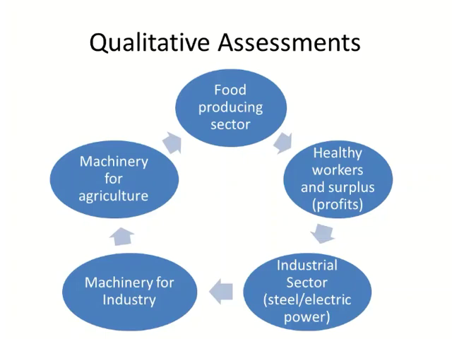So they understood very early the need to tie those two things together. Of course, the industrial sector, the basic steel and electric power, is going to give you machinery for industry, but it's also going to give you the machinery for agriculture, which you need to make a food processing sector. So they are all interrelated and benefit one another.